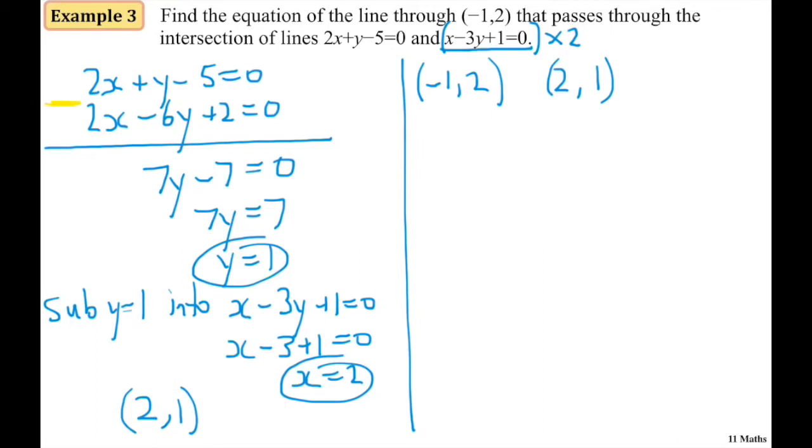So now I can use my fancy equation that I learnt last class, which is this one. Y minus y1 equals y2 take y1 over x2 take x1, x minus x1.